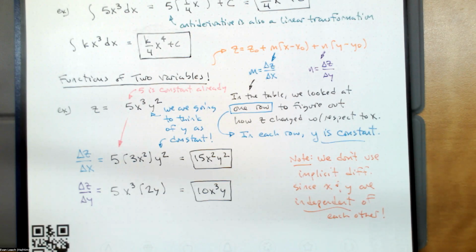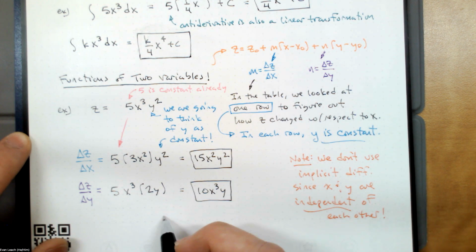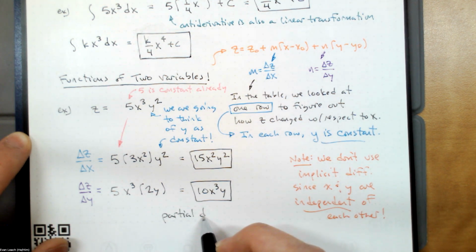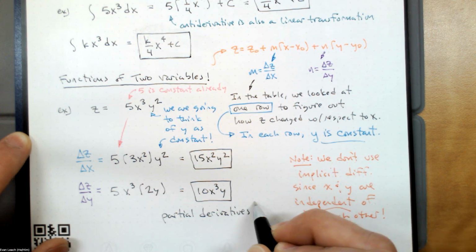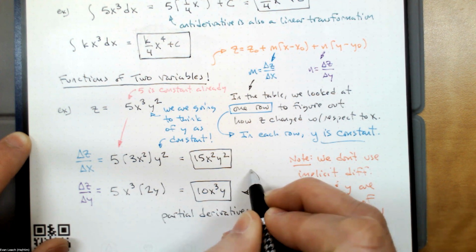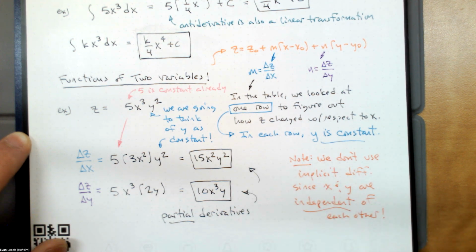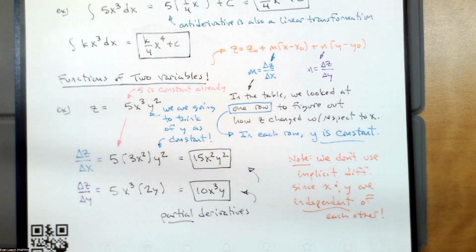We call them partial derivatives because they're only giving us part of the story about how z is changing. So we say these are partial derivatives. We get two partial derivatives, one for each independent variable.